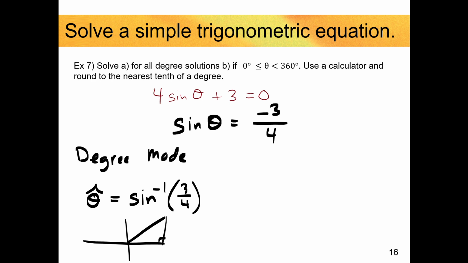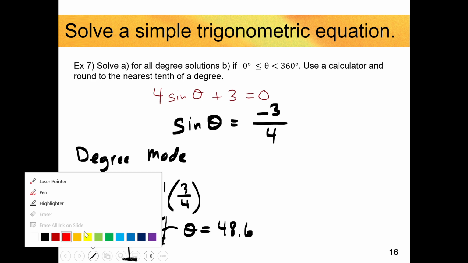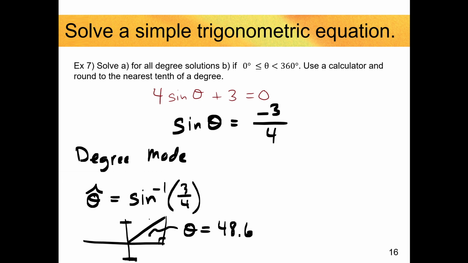On the calculator, you should get something like 48.6. I go with 48.6. If you guys did not get that, I'm going to walk around real quick just to make sure we got it. You're not trying to find the ratio.